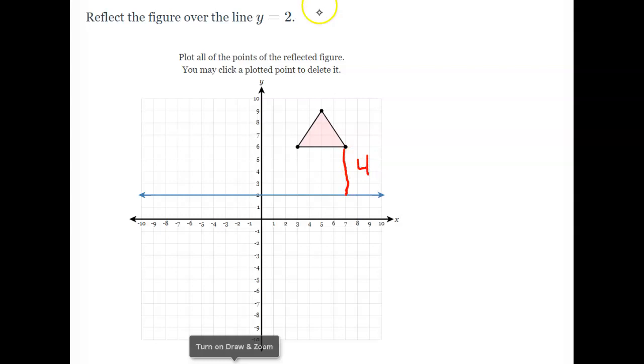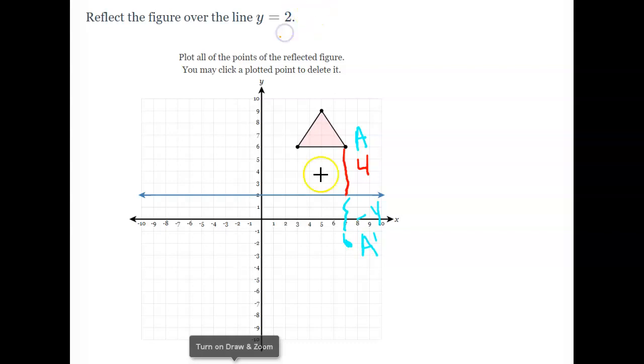So then we would need to have the reflection 4 down. 1, 2, 3, 4 down from the y equals 2 line. I would plot a point there. Okay, you want to label those so that you know which ones you are reflecting. That is great. So then we look at the next point.